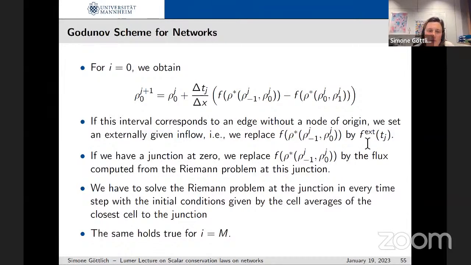externally given inflow. But if we are inside the network, so not at the origin, we have to replace this guy here by the flux computed from the Riemann problem at this special kind of junction, either a diverging junction or a merging junction. These are the two cases we have already seen.